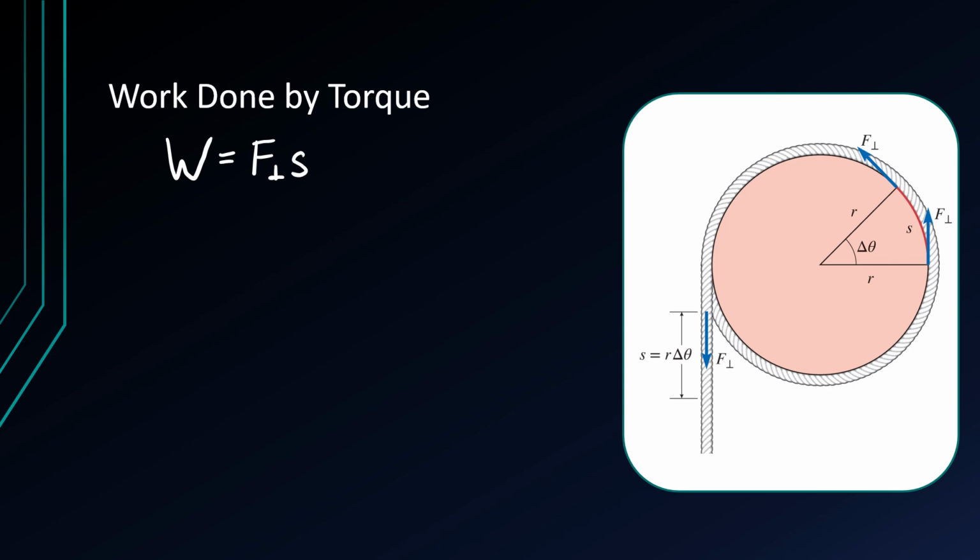So if we can have work done by forces, we can have work done by torque, right? Work done by torque is equal to the force applied times the arc length of the object's rotation.